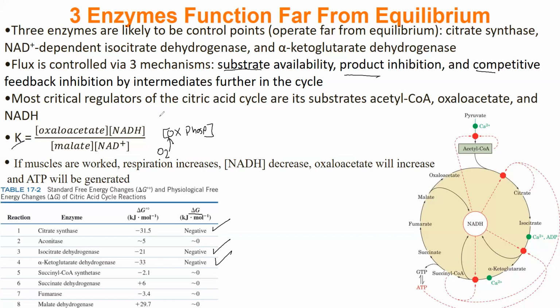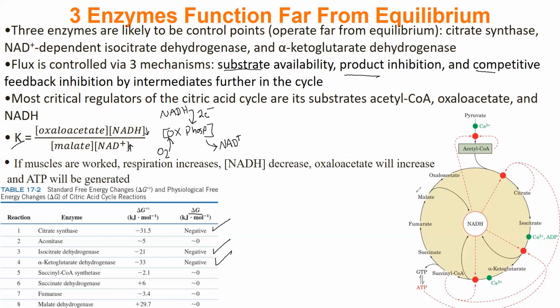To run it, you need electrons, and you give electrons to oxidative phosphorylation via NADH. NADH gives 2 electrons to this process, and you create NAD plus. So when you breathe more while exercising, the amount of NADH goes down and the amount of NAD plus goes up.